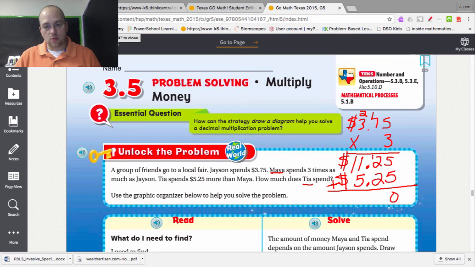Carry the 1. 1 and 2 is 3, plus 2 is 5. There's a decimal. 1 plus 5 is 6. 1 plus 0 is 1. So our answer, Tia spent $16.50.